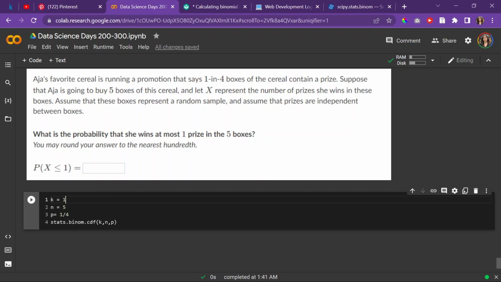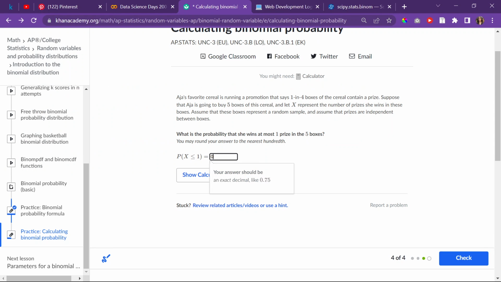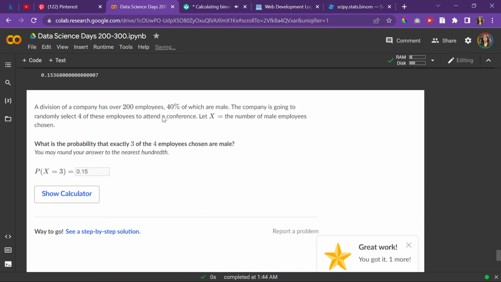Less than or equal to 1. 0.63. See, no, because this just doesn't make sense.